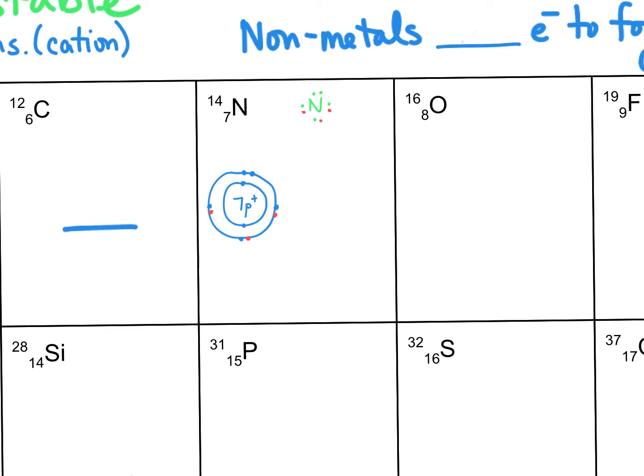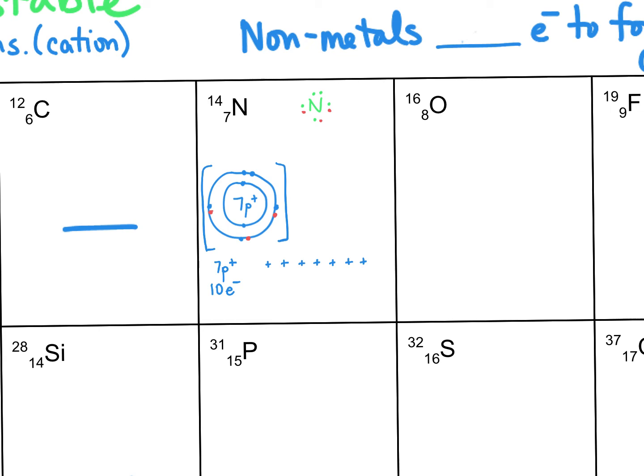And by doing that, now that we have 8 electrons in the outer shell, we've now changed the number of electrons. Originally we had 7 protons, and originally we had 7 electrons, but now we've gained 3 more, so now there's 10 electrons. So think about the positive particles. We originally had 7, and we still have 7.